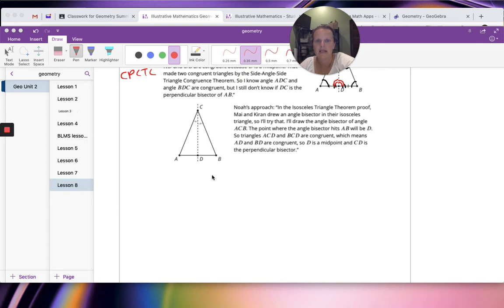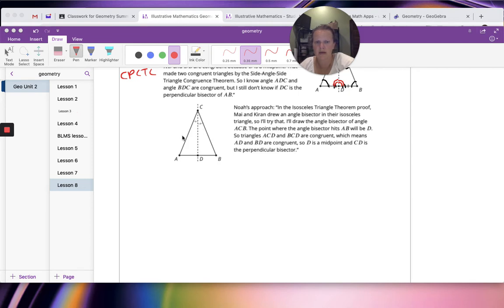Noah's approach: In the isosceles triangle theorem proof, Mai and Kieran drew an angle bisector in their isosceles triangle, which we have right here. So I'll try that. I'll draw the angle bisector of angle ACB. Cool.